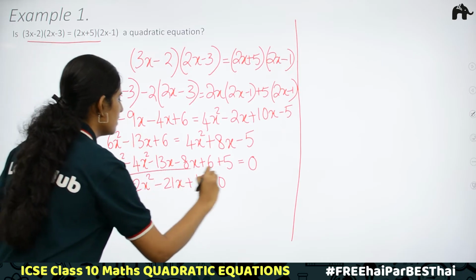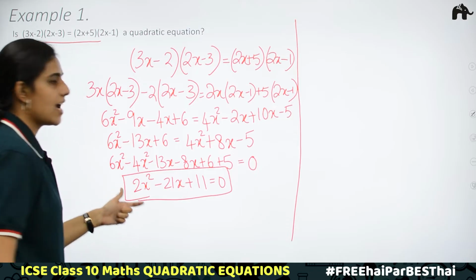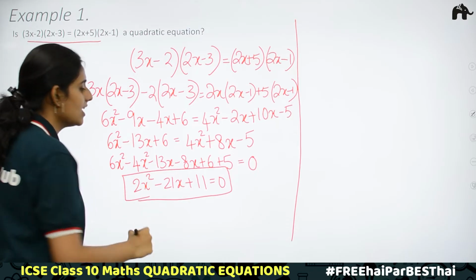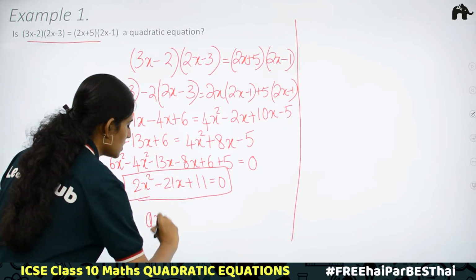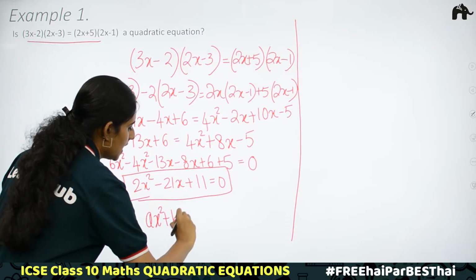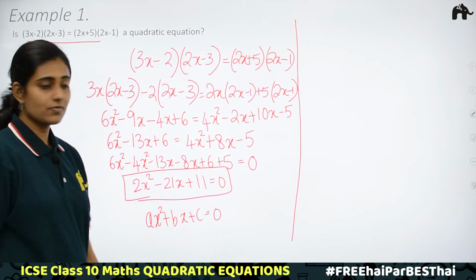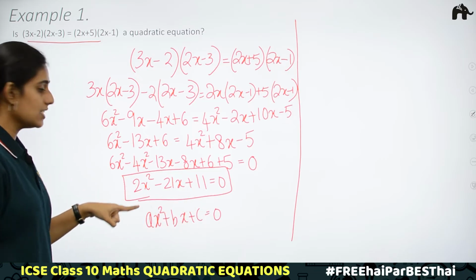Here we got a quadratic equation. Why? Because this is in the standard form. The standard form is ax square plus bx plus c is equal to 0. Now compare this equation.